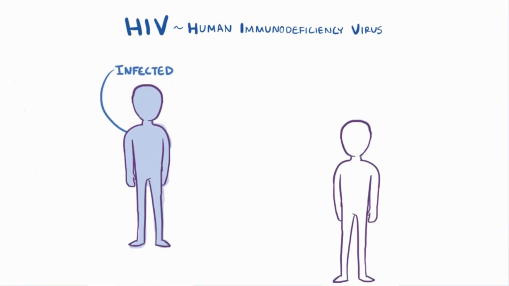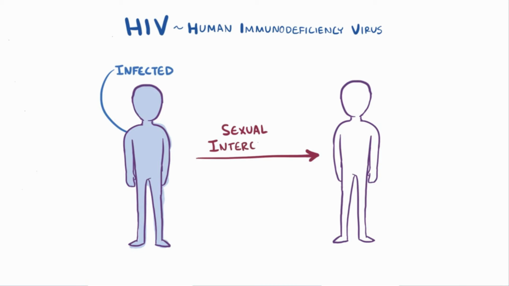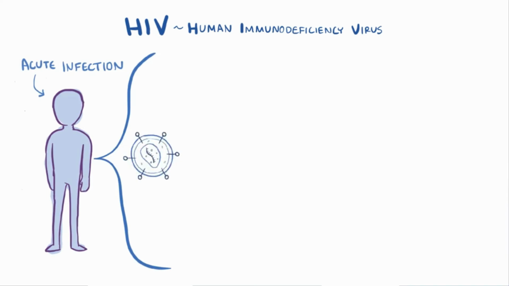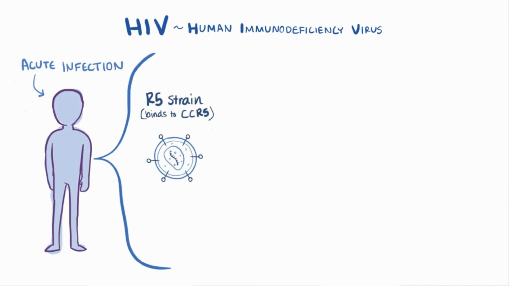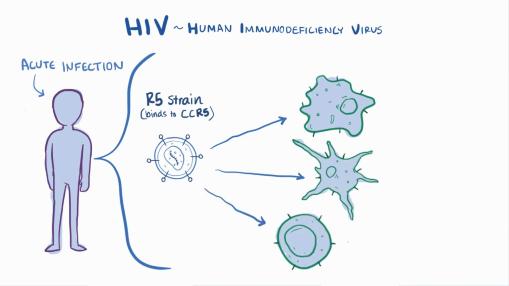So let's start with HIV entering the body through sexual intercourse, which is how it typically spreads from person to person. At this early point, during what we call acute infection, the R5 strain of HIV, which binds to the CCR5 co-receptor, will get into macrophages, dendritic cells, and T cells.